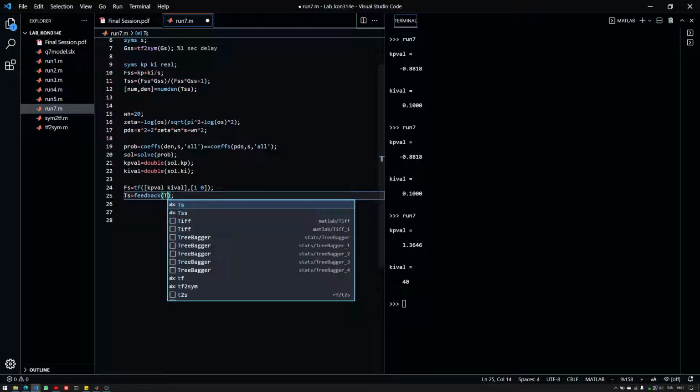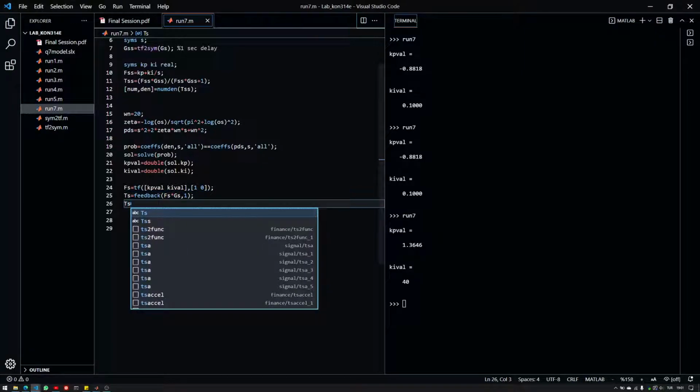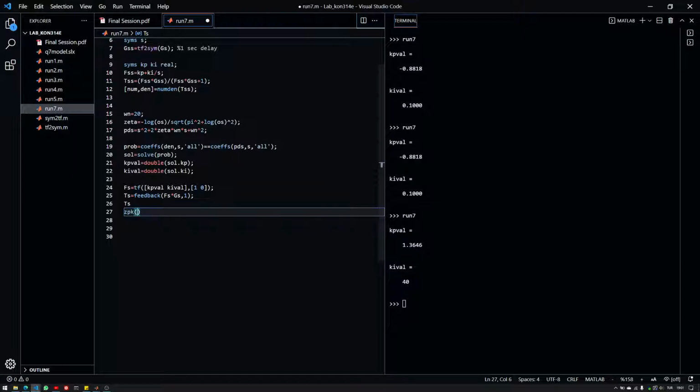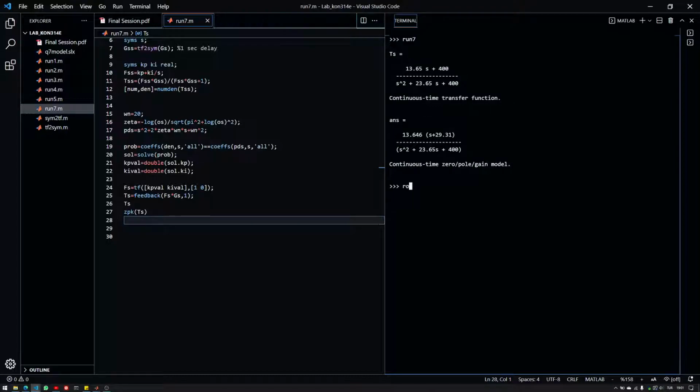So let's have fs times gs. Let's also look for zpk. So now the roots of this, so we can determine if it's a dominant one.